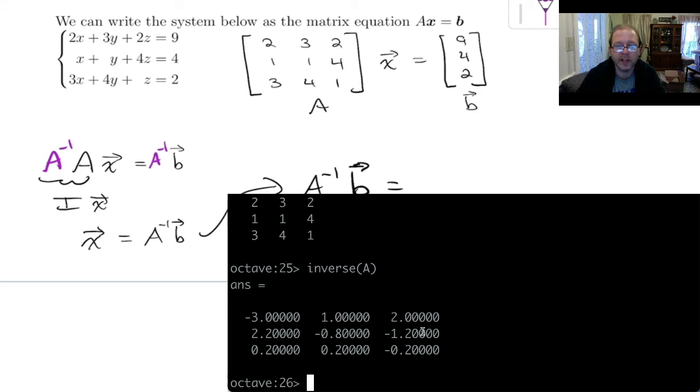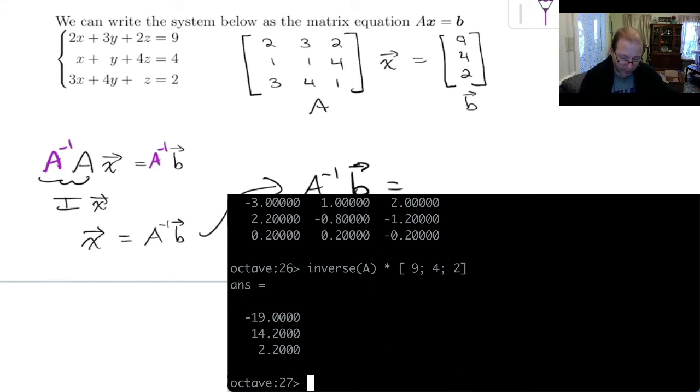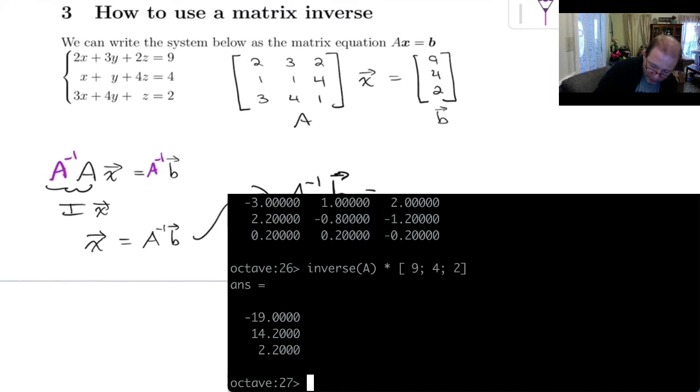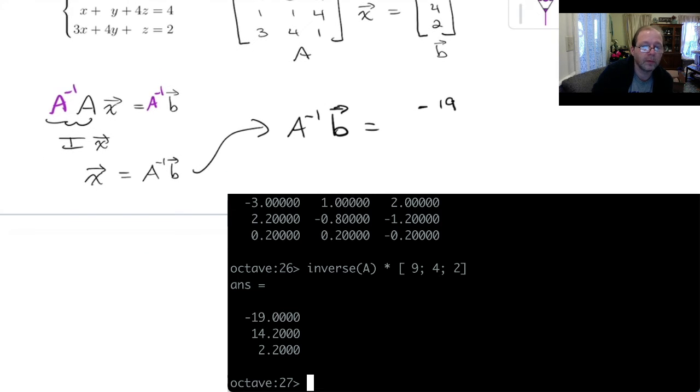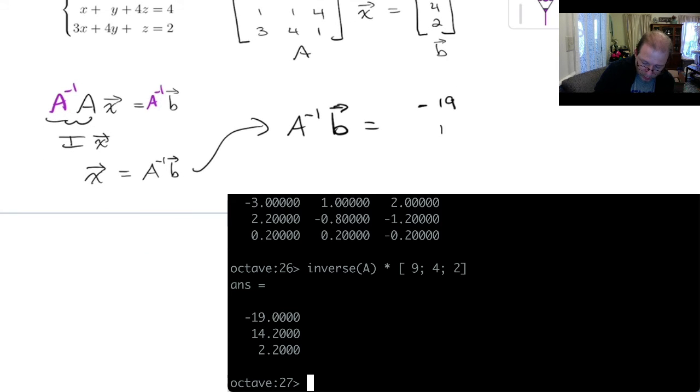So on here, if I take A inverse times [9, 4, 2], it gives us this: negative 19, 14.2, and 2.2.